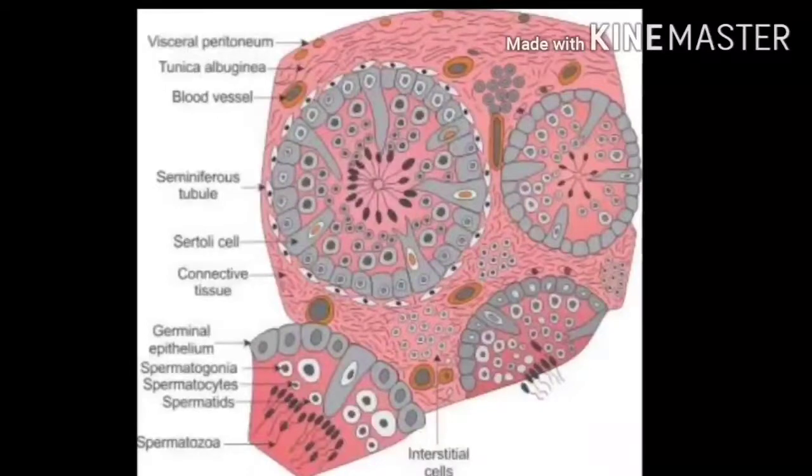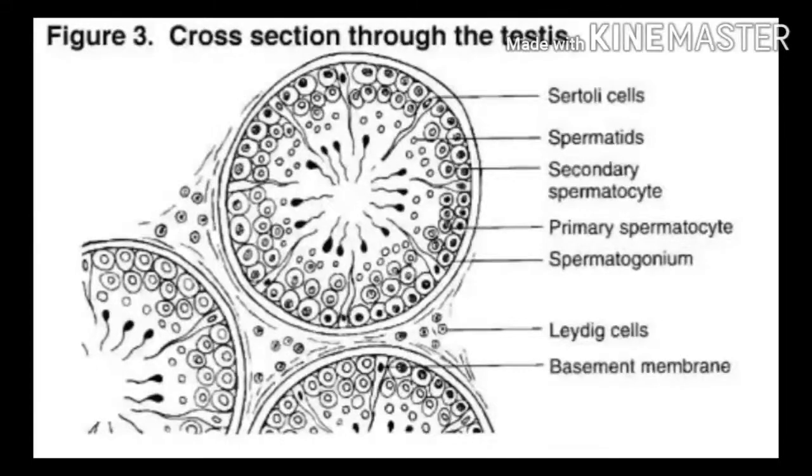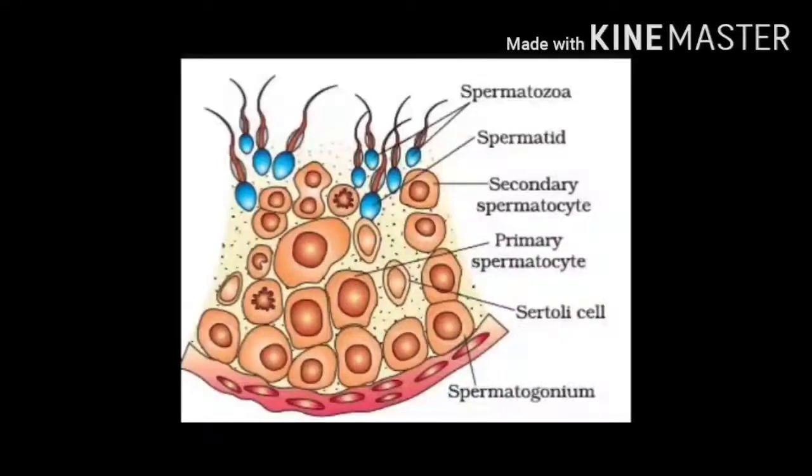Each lobule has 1 to 4 highly coiled seminiferous tubules, and each seminiferous tubule is internally lined by cuboidal germinal epithelial cells, known as spermatogonia, and a few large pyramidal cells called Sertoli cells. The shape of the Sertoli cell is like a pyramid, that's why it is known as the Sertoli cell, or also the sustentacular cell.